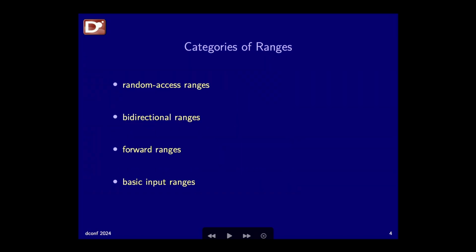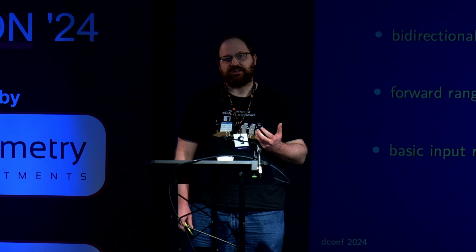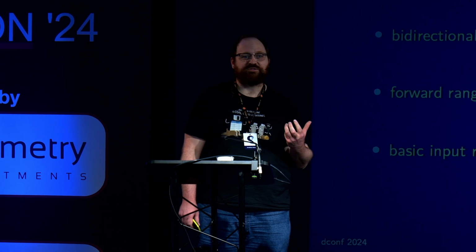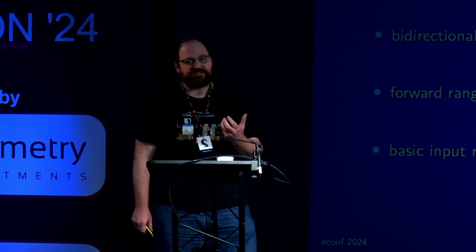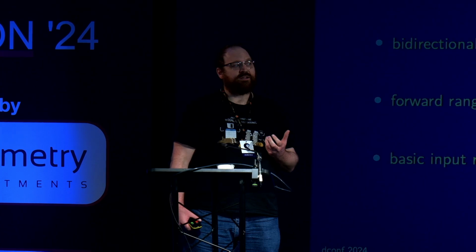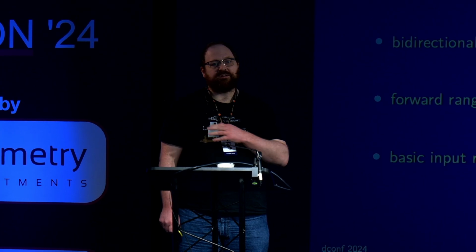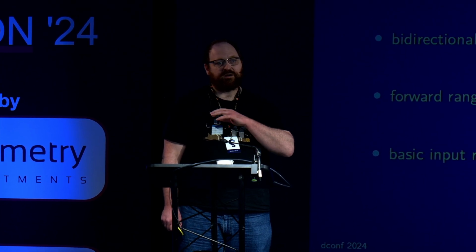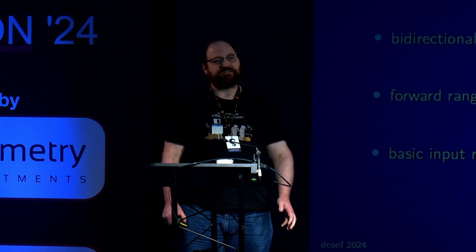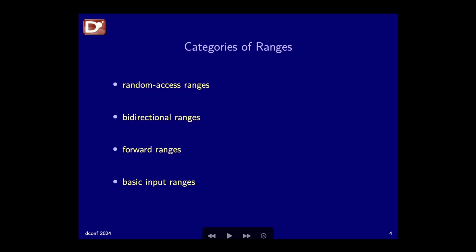And you have multiple categories of ranges similar to C++ iterators, and the most featureful version would be random access ranges, and those are pretty much outright an abstraction for dynamic arrays and have pretty much all the same functionality as a dynamic array, except that they have none of the appending or allocation stuff going on. It just has the capability to index into the range to see all the various elements and shrink it to iterate through it, just like you can do with a dynamic array. And of course, dynamic arrays are random access ranges.